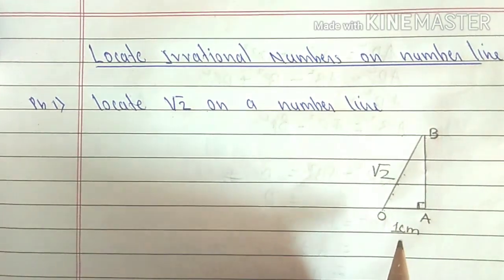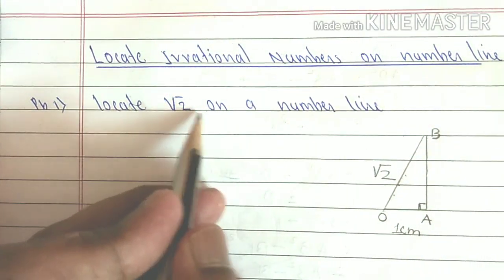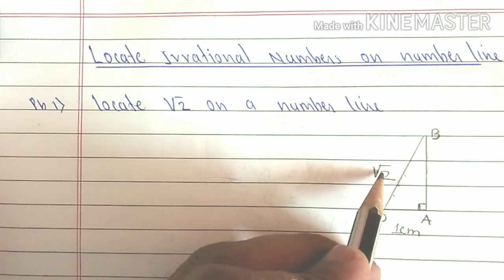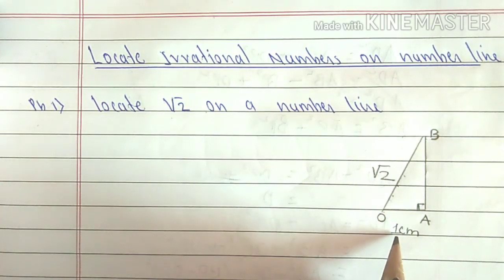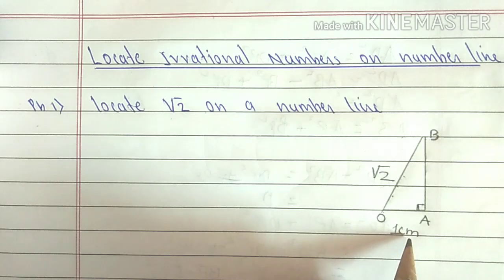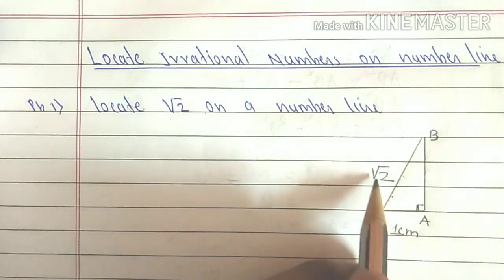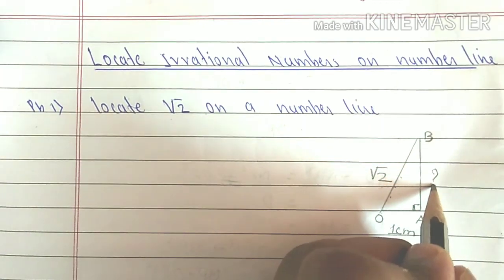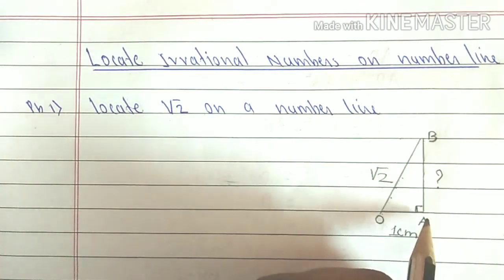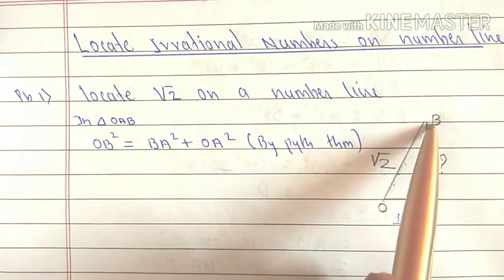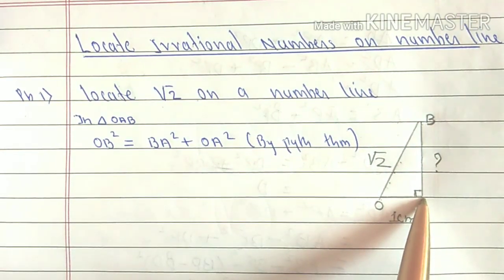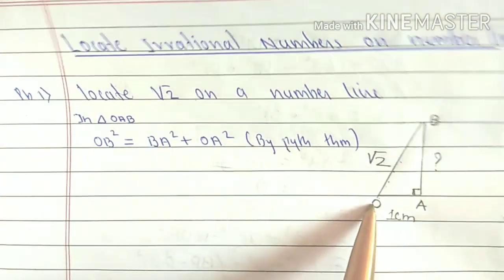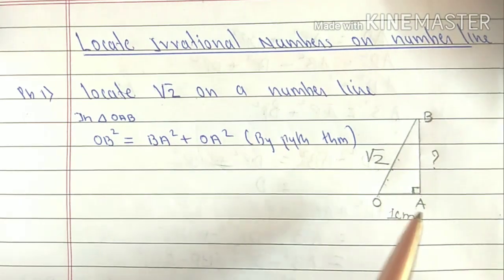So what I have assumed over here: the given number I am going to take as hypotenuse always, and the base I will keep fixed, that is 1 centimeter. Now two sides are there with me, so I have to find out BA. So students, let us find out this BA.